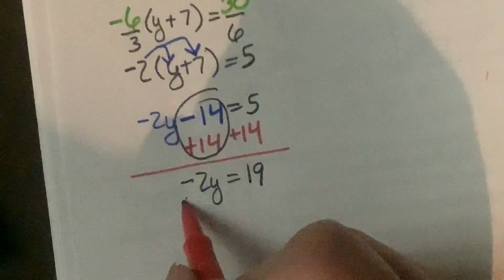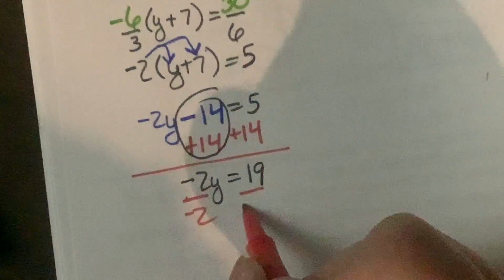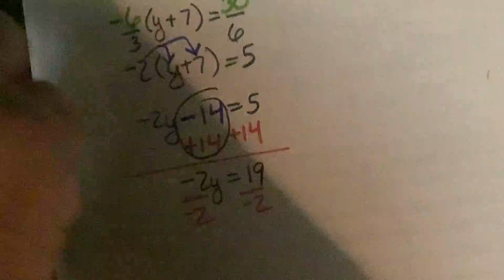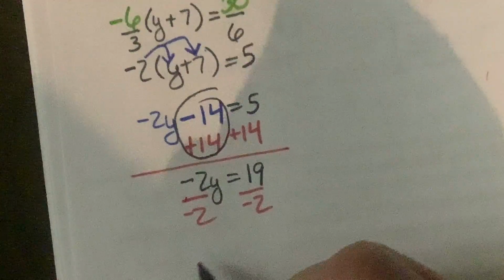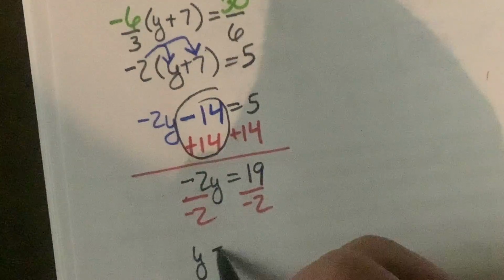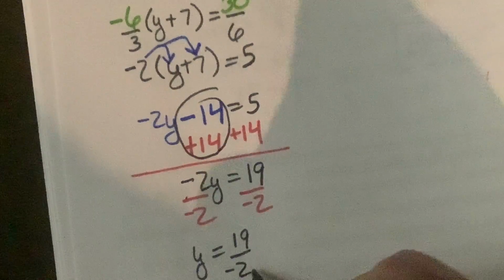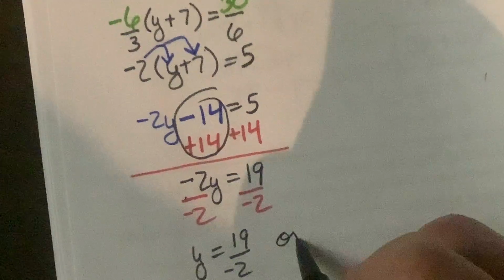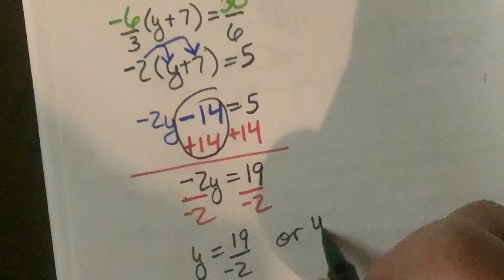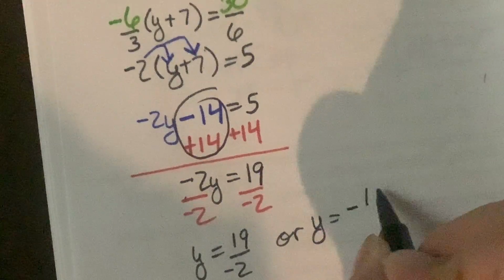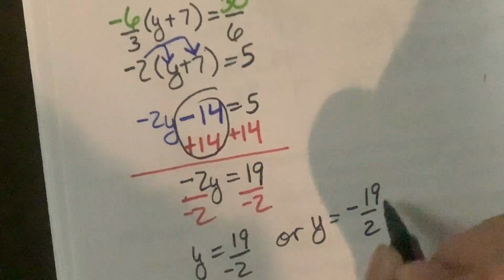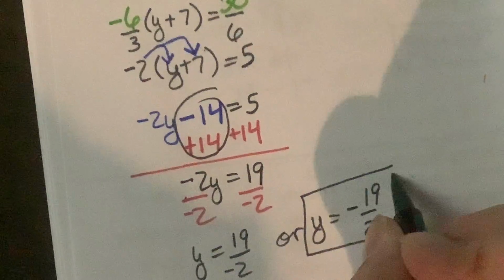There we go, divide by negative 2. And I'm going to leave it as a fraction. And I get y equals 19 over negative 2, or, as I prefer, y equals negative 19 over 2. There it is.